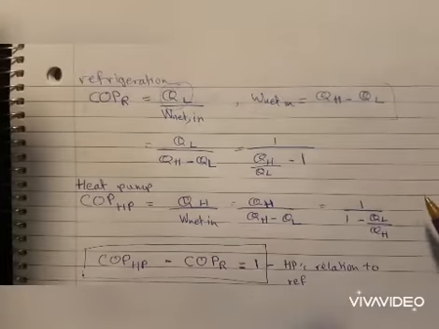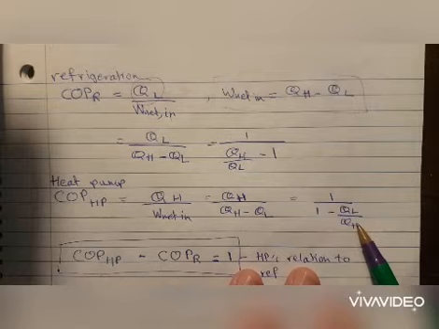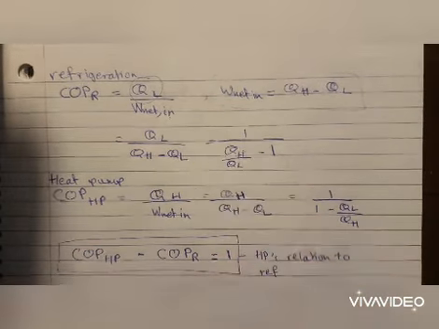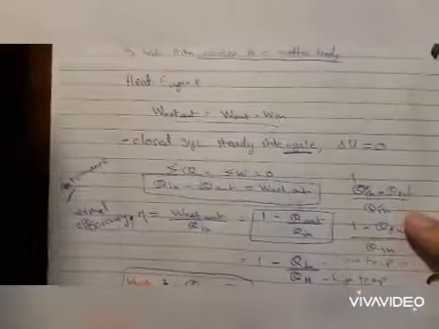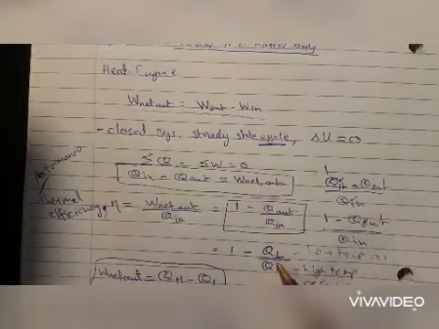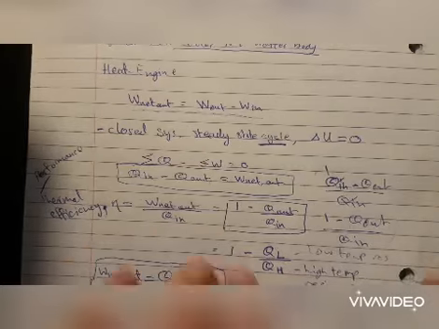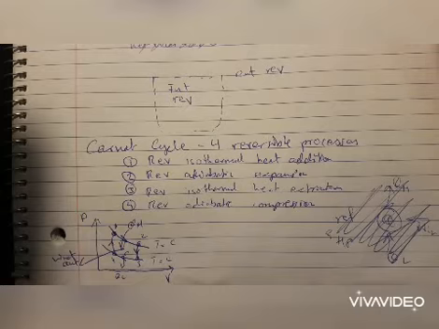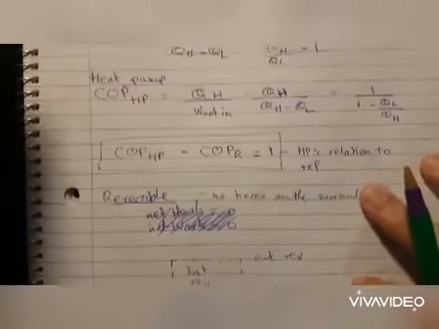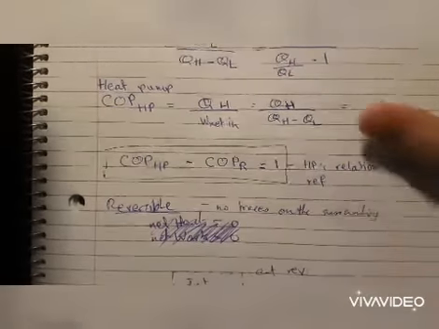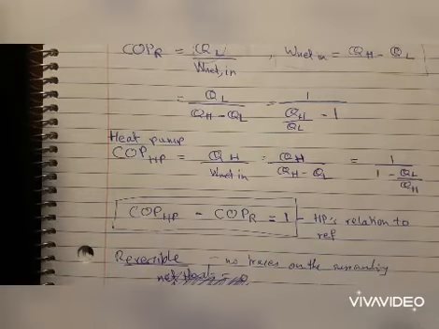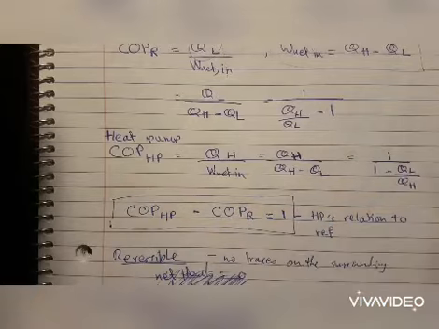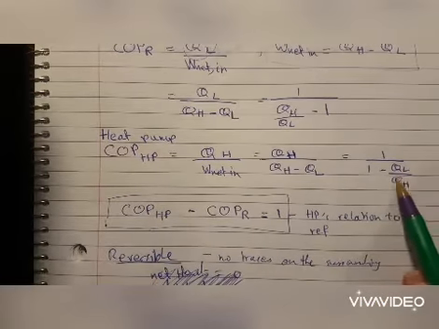In all our derivations, we see that the final equation has QL, QH, QH, QL, and even for our heat engine, we have QL and QH. Now you mentioned that for a reversible heat pump, refrigeration, or heat engine, the equations for the efficiency or performance are given in TL, TH.